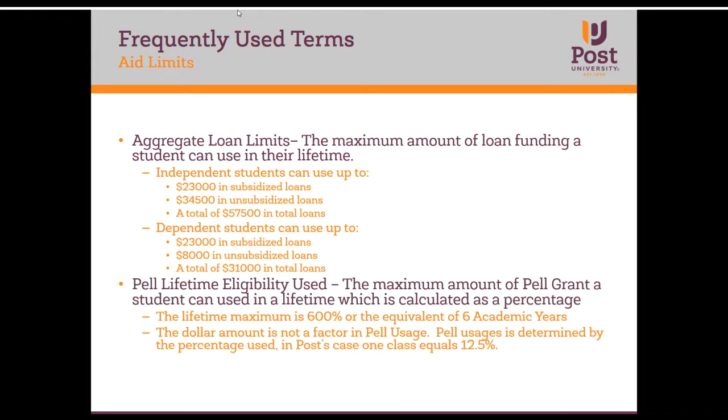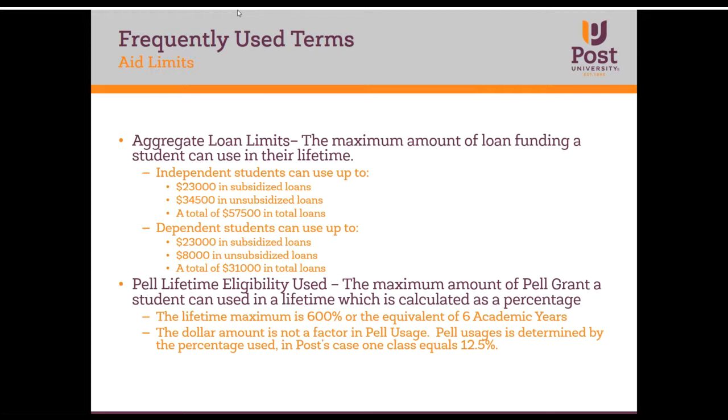So the other limit that students have is what's called their Pell LEU, or lifetime eligibility. The Pell Grant, while we award you in dollars and cents, is actually calculated on a percentage. So a student whose expected family contribution is large is only eligible for maybe $3,000 in federal Pell Grant, while another student is eligible for $6,000 in Pell Grant.